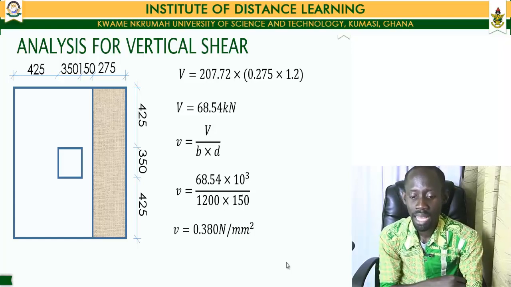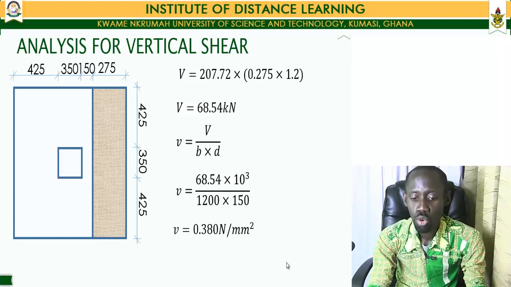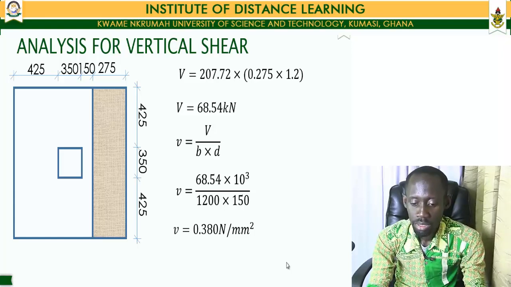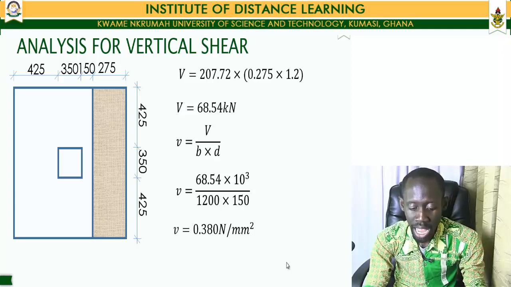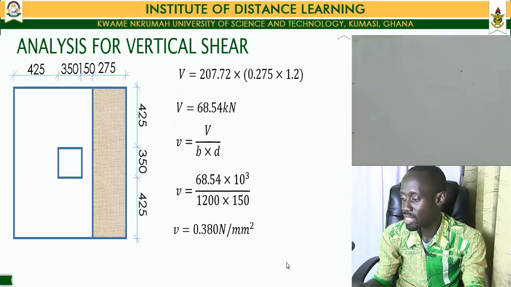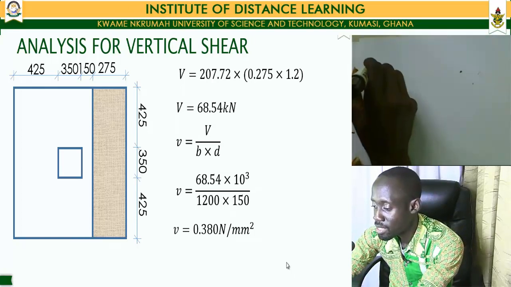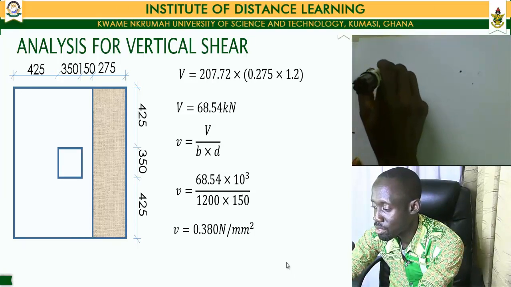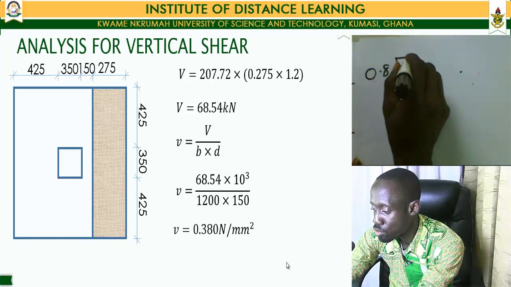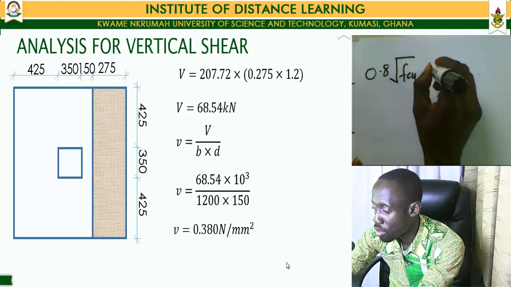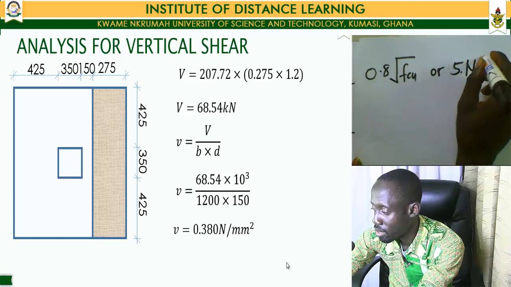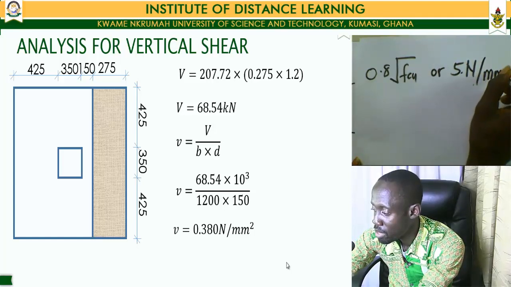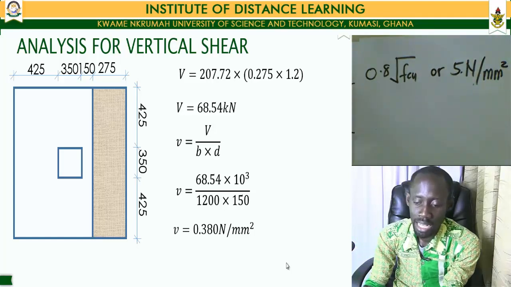Now, having arrived at the shear stress value, we'll compare it to the ultimate shear values that have been stated in the BS code. From the BS code, our shear stress value should not be greater than either 0.8 root of our FCU or 5 newtons per millimeter squared, whichever is the lesser.